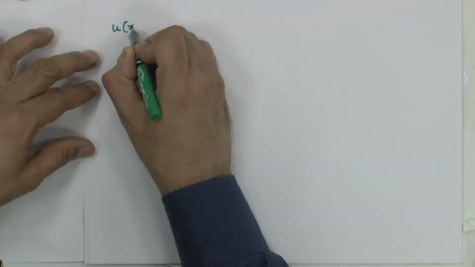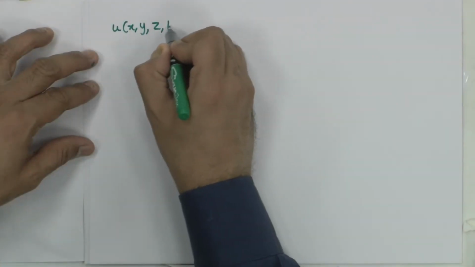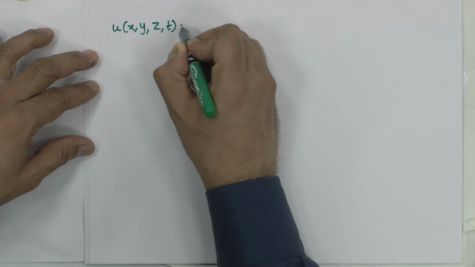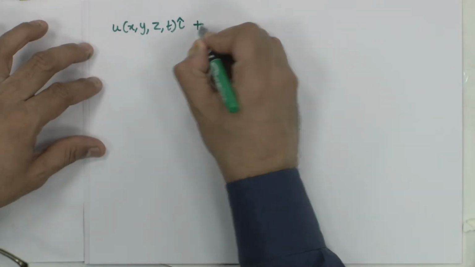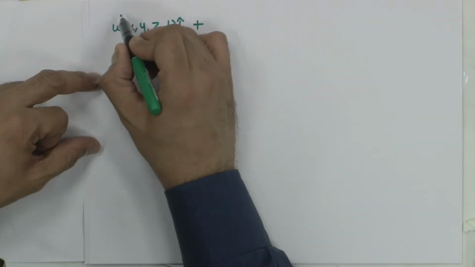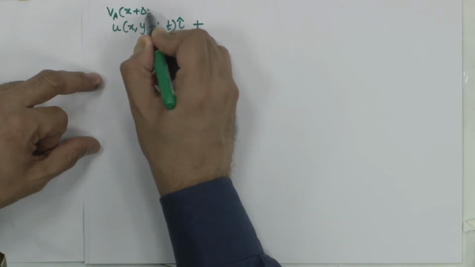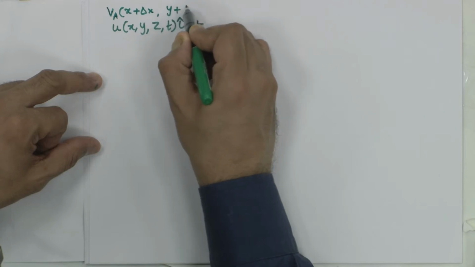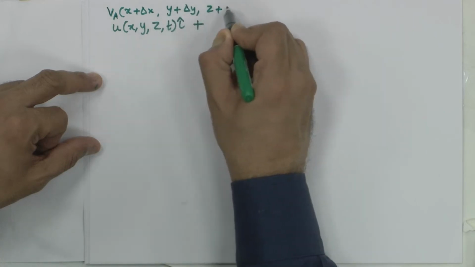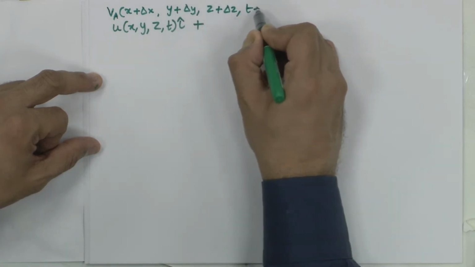So, this is u of x, y, z and t i cap plus this is v of x plus delta x, y plus delta y, z plus delta z, t plus delta t.